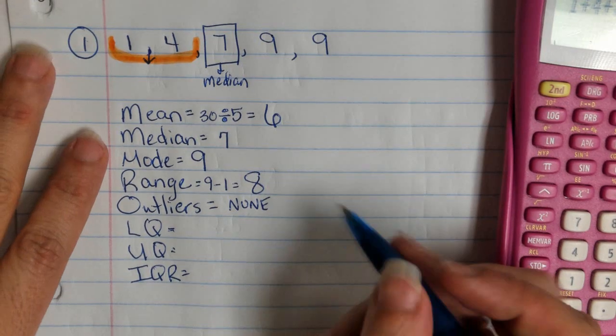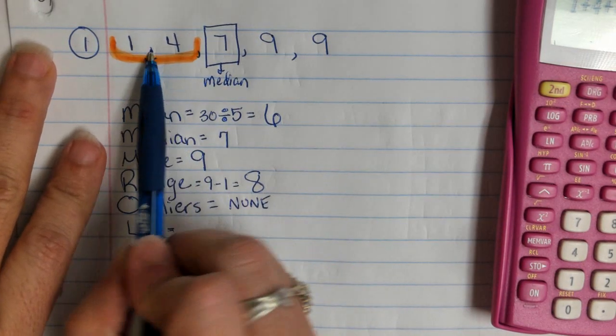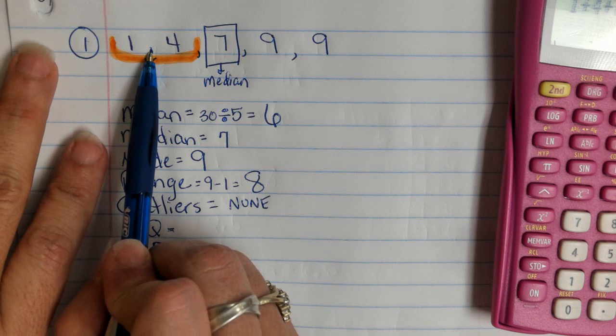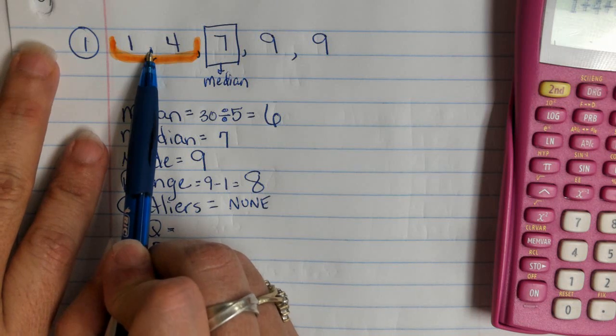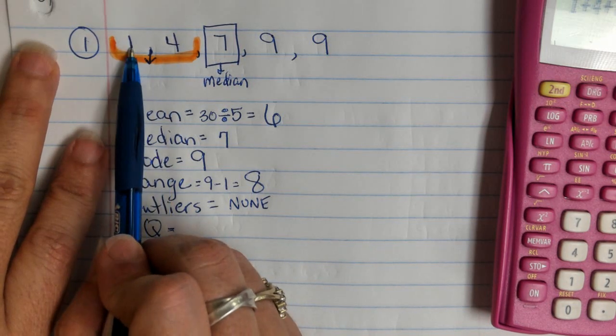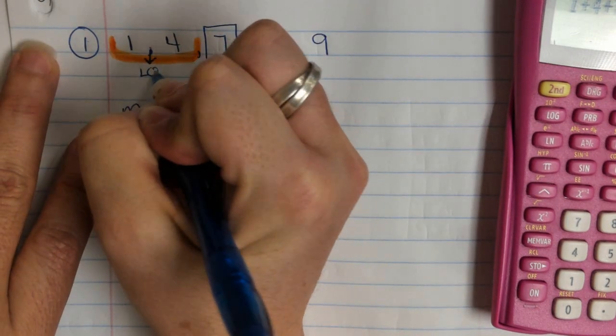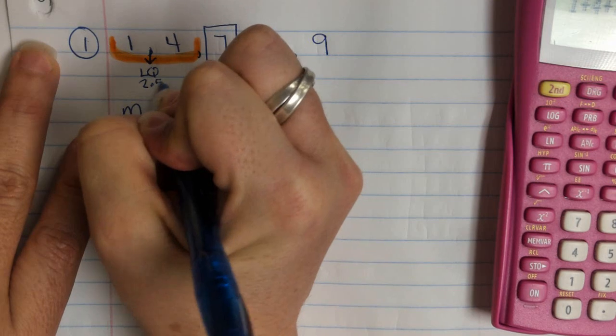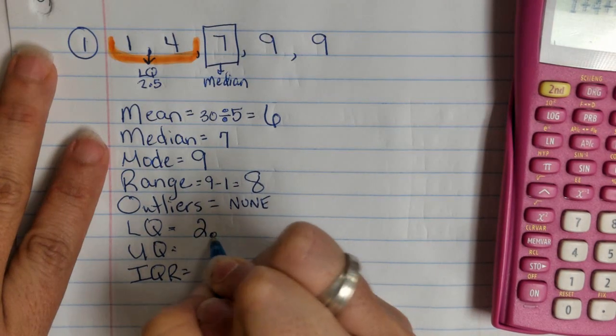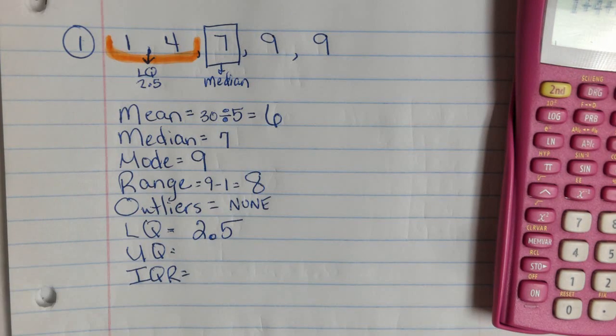Wait, would we not go to the middle? That is the middle. So, would it be 2.5? 2.5, because 4 plus 1 is 5, divided by 2 is 2.5. You got to average those. And you don't do it every time. It's just if there's an even amount, that's what we got to do.